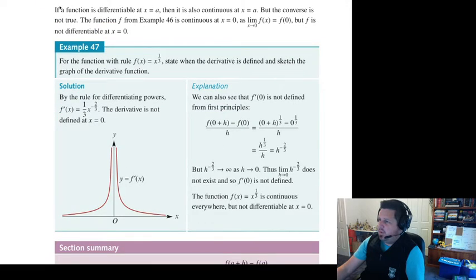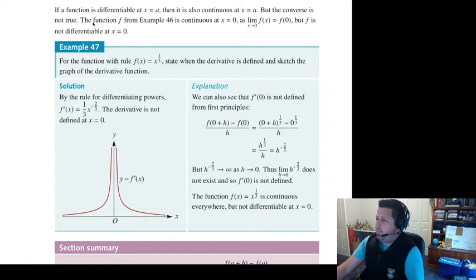Alrighty, this is important. It says if a function is differentiable at x equals a, then it's also continuous at x equals a. Happy days. If it's differentiable at x equals a, then it's continuous at x equals a. Aha, but on the other hand, the following is not true. Yep.